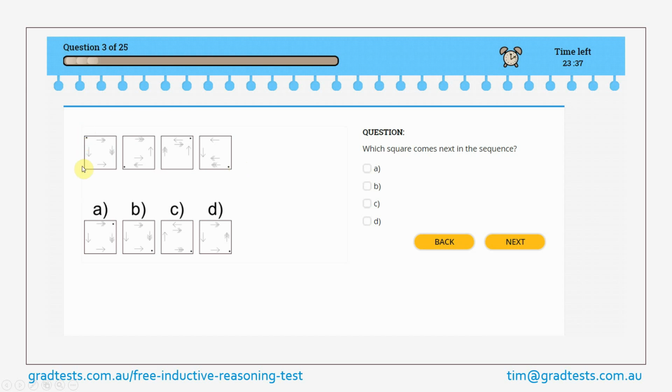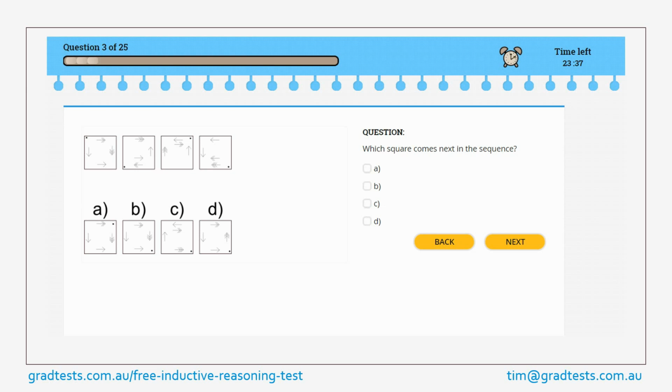So we go 90 degrees, then 180 degrees, and then 90 degrees 3 times, ends up here. So we've gone 1, 2, 3 times around. If we went an additional 4 times around in the next square, we'd end up in the same position, wouldn't we?